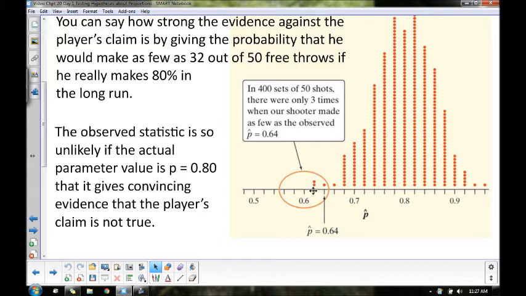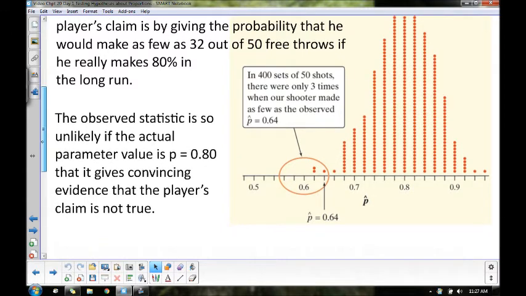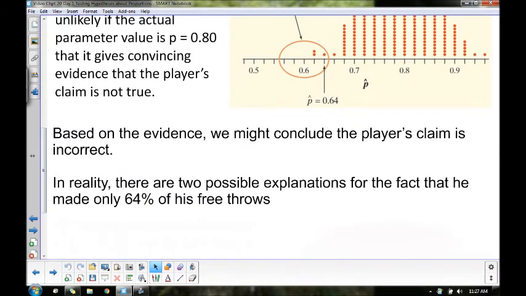Only 3 out of 400 different times did his free throw rating get that low. That tells me that if the true value of his parameter, his true free throw average, is 80%, this is not going to happen very often. To me, that's pretty convincing evidence. And that's what a hypothesis test is all about.